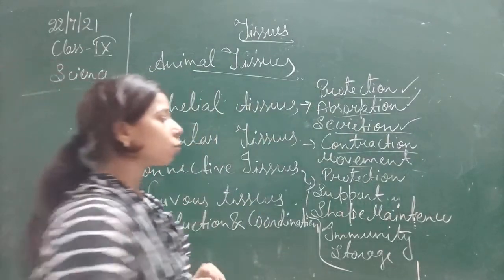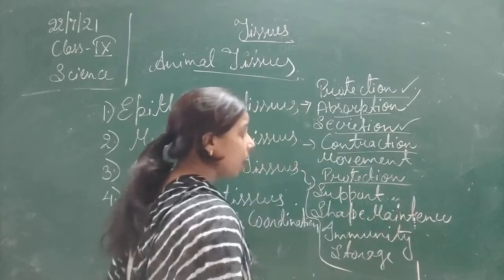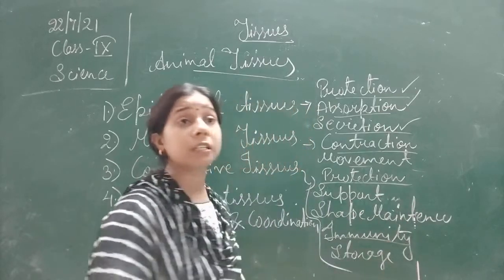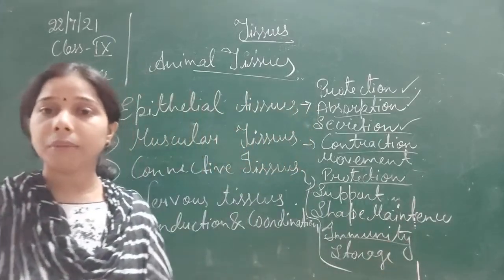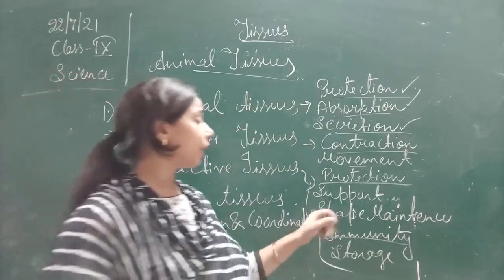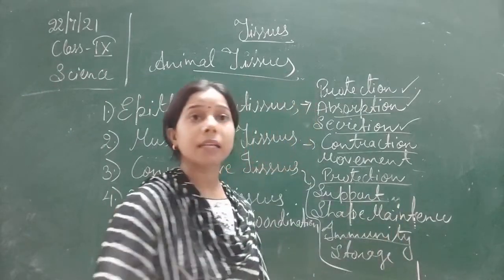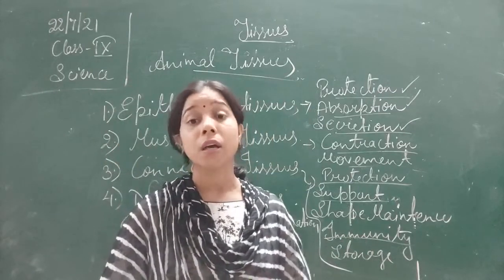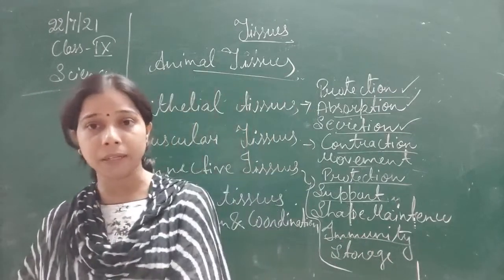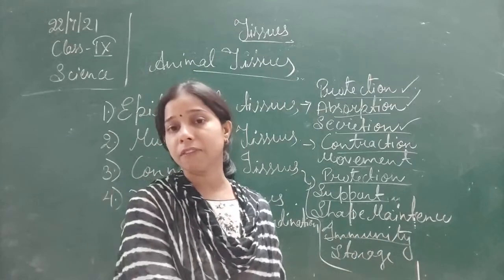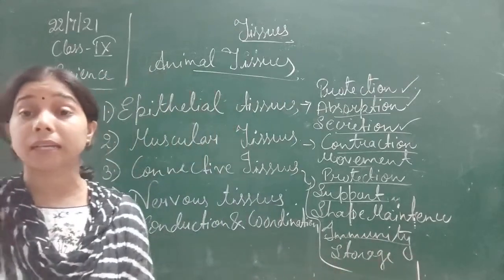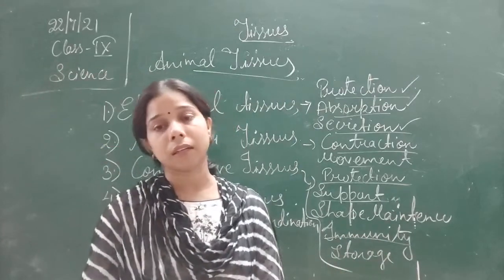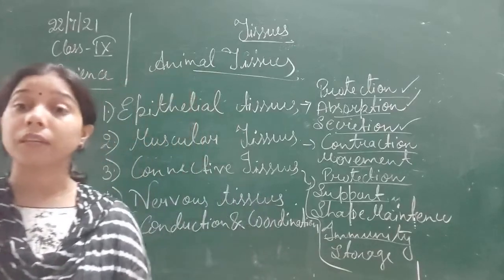Now, connective tissue, yes, it will help in providing the protection and immunity because it consists of WBC, white blood cells, which are responsible for that. It helps in providing support. Yes, bones are there, students, bones and cartilage are there, so that will help in providing the flexibility. Along with the flexibility, that will also help in providing mechanical strength, that will help in giving support to us so that we can stand.